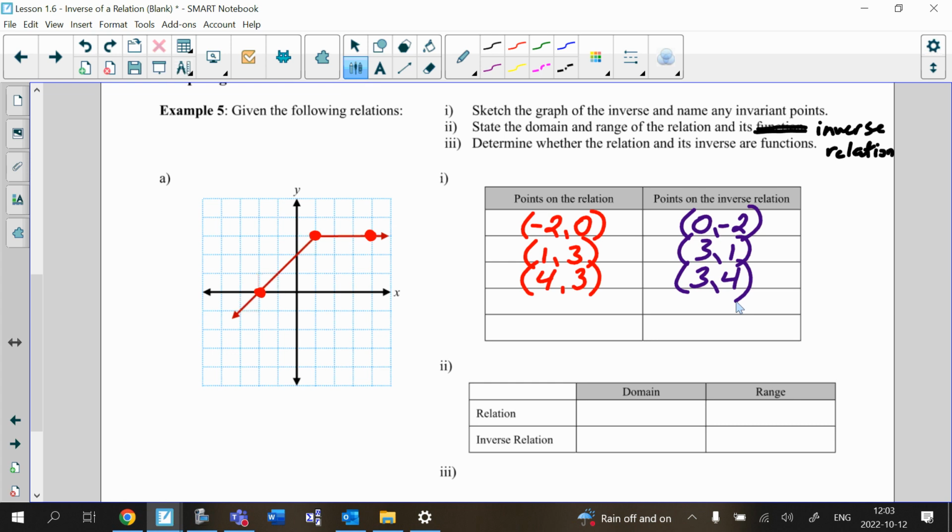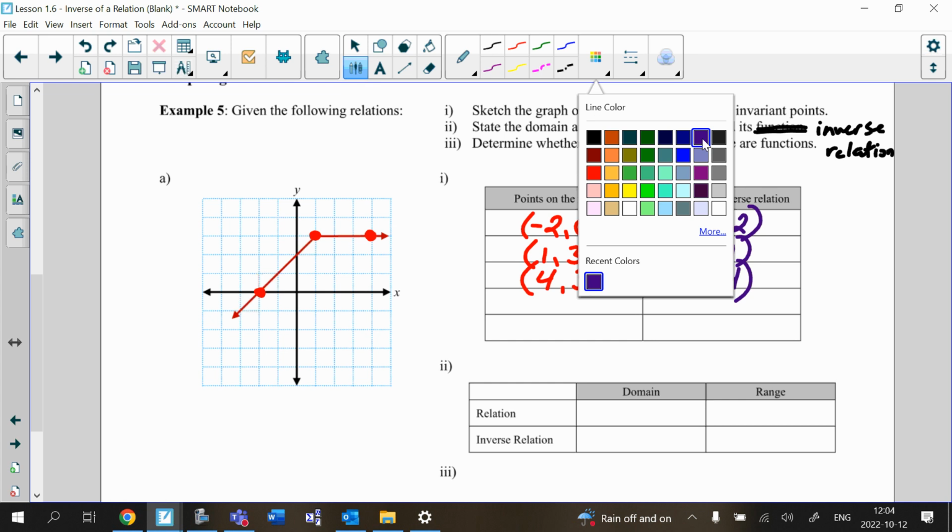So what I mean by graph as you go is do 0, -2, do 3, 1, and connect them. Do 3, 4, and connect them, and you should be able to see where the arrows go. They're going to go like this.